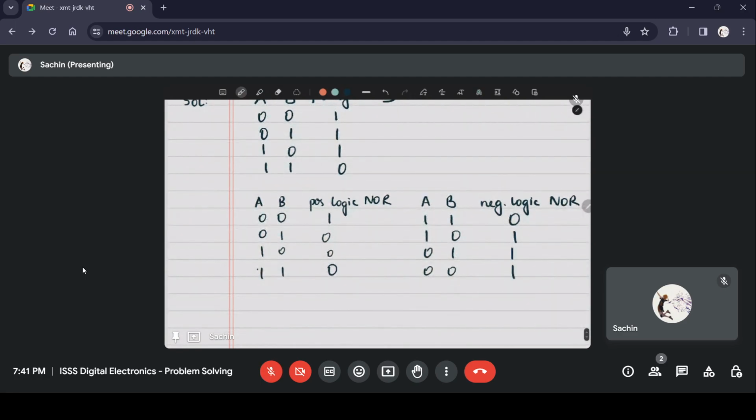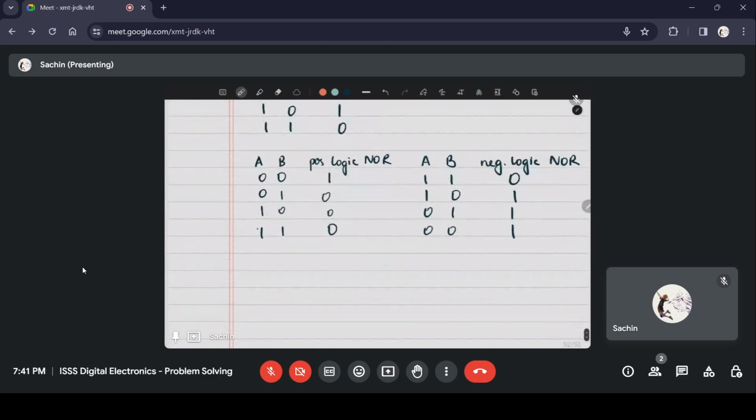Now if you interchange the input combinations and write it in the following way, then 0 0 gave a 1, 0 1 gave a 1, 1 0 gave a 1, 1 1 gave a 0.